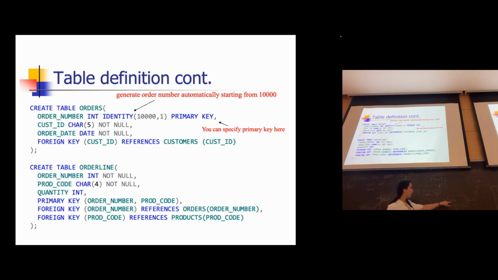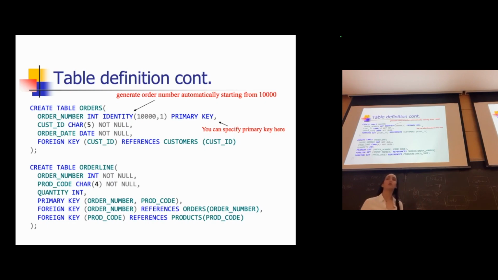Each order can have multiple order lines, but each order line belongs to only one specific order. So order ID is a foreign key here. It is also connected to the product table, so product ID is also a foreign key. The product ID foreign key connects the order line to the product, and the order ID foreign key connects order line to the order.